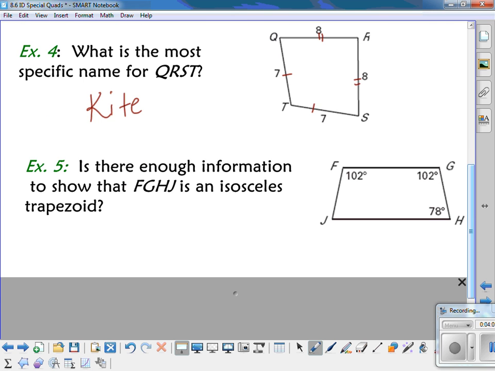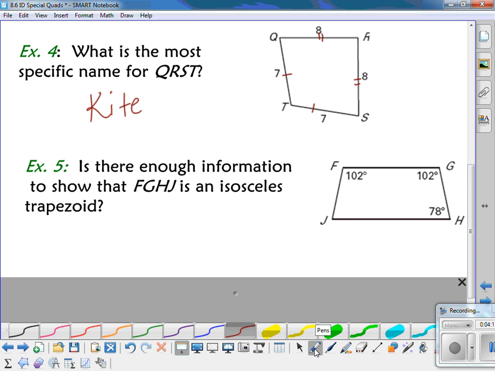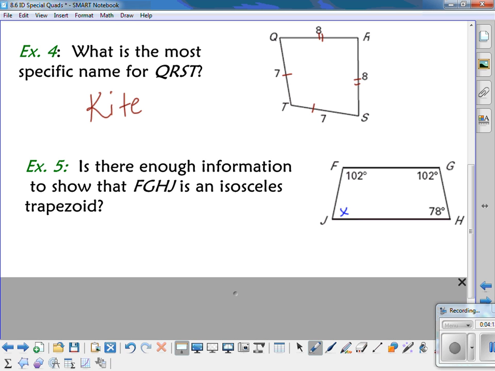For example 5, is there enough information to show that FGHJ is an isosceles trapezoid? Well, I know that my missing angle, I can just call it X, and I know that all the angles have to add up to 360 degrees. So if I solve for X, I set that equal to 360.